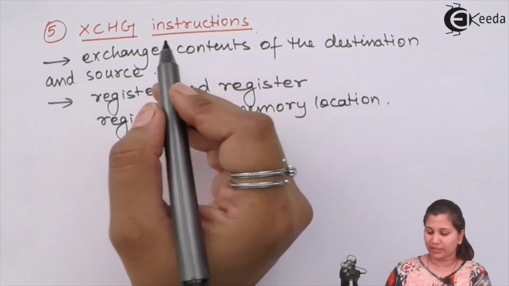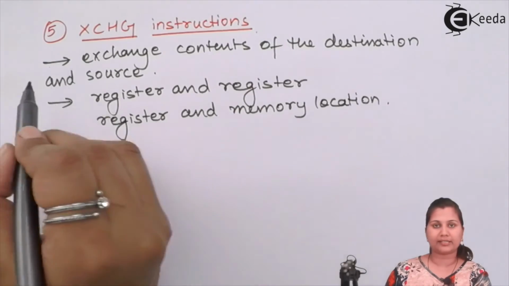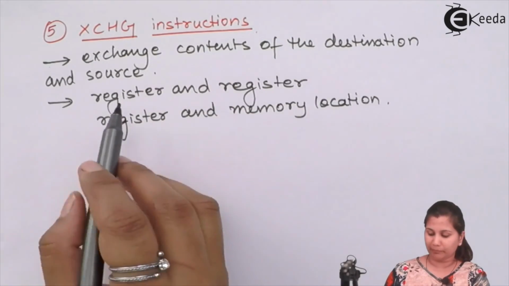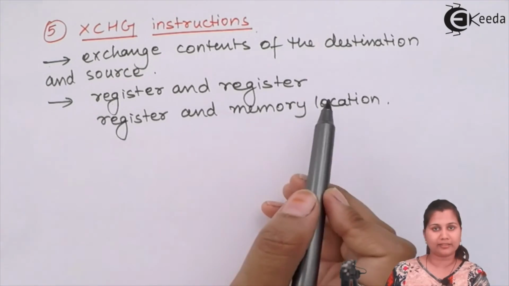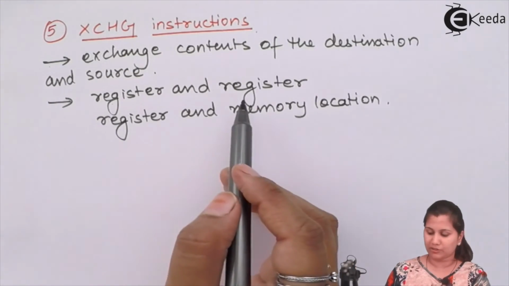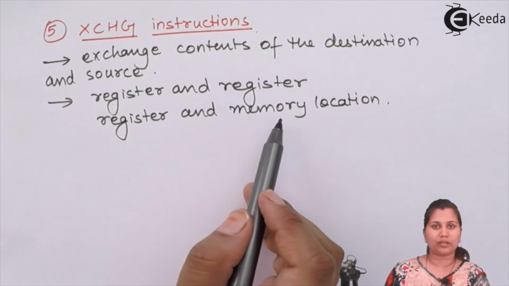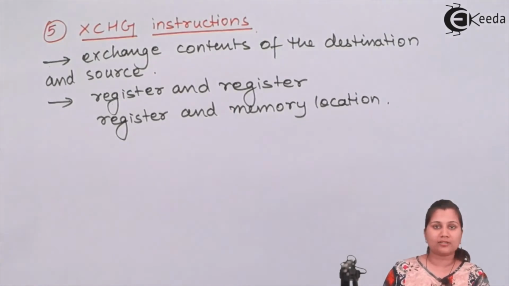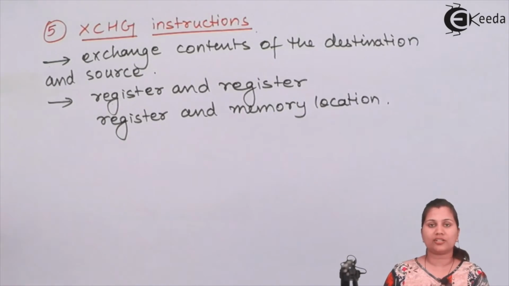This instruction exchanges the contents of the destination and the source. Now here the destination and source can be register and register, and their contents can be exchanged, and register and memory location, and their contents can also be exchanged. But the exchange instruction cannot exchange the contents of two memory locations.